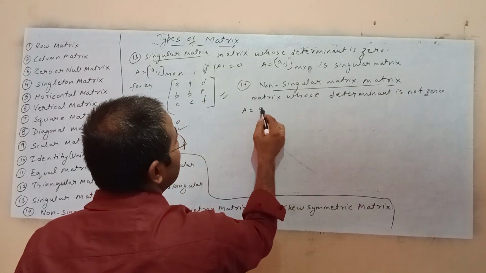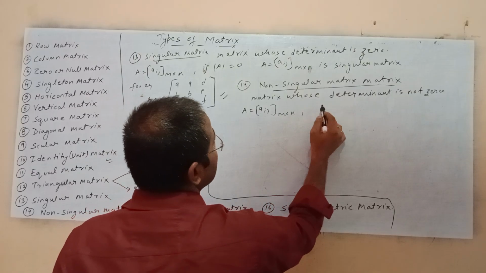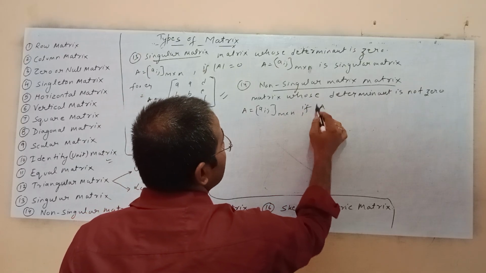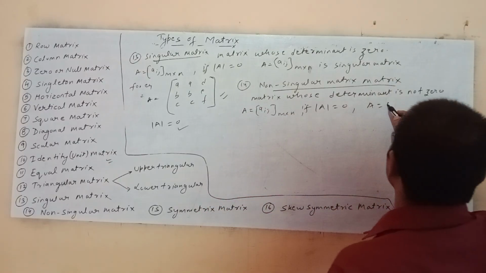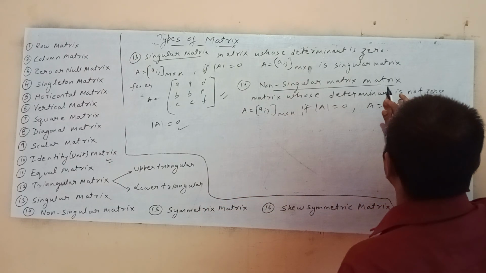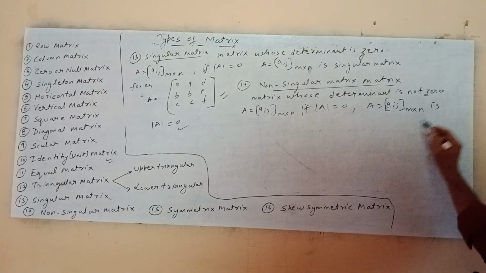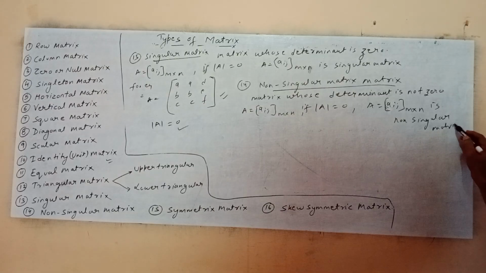Suppose A is equal to Aij is there, whose order is m cross n. Then if the determinant of A is not equal to 0, then A is equal to Aij, m cross n, is a non-singular matrix.